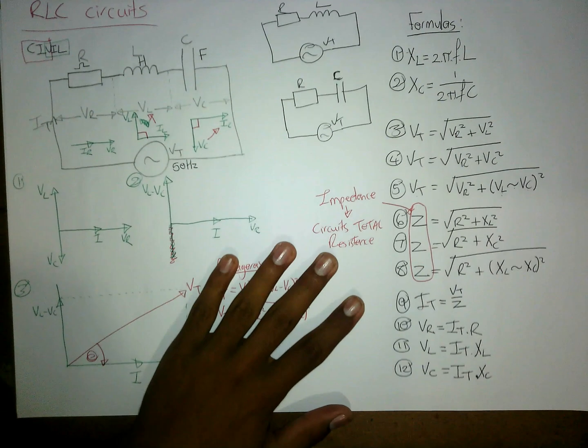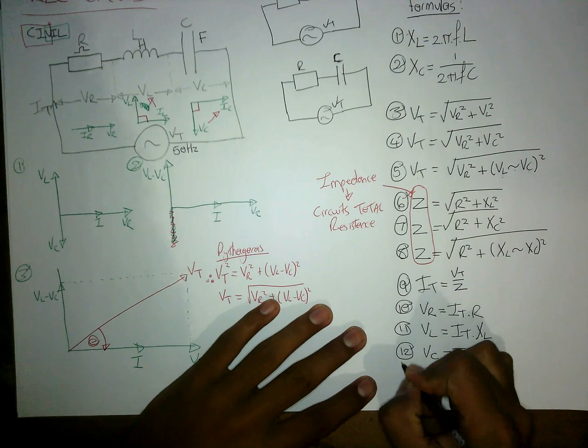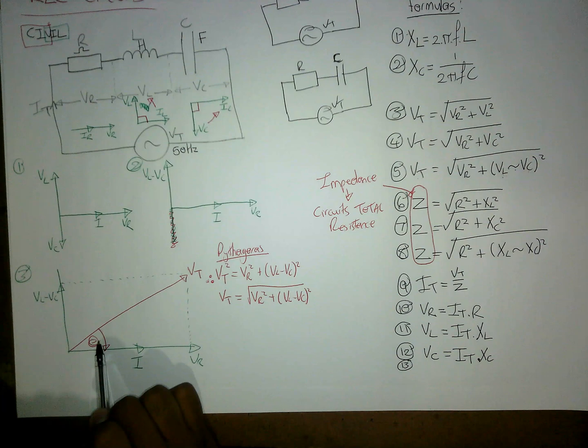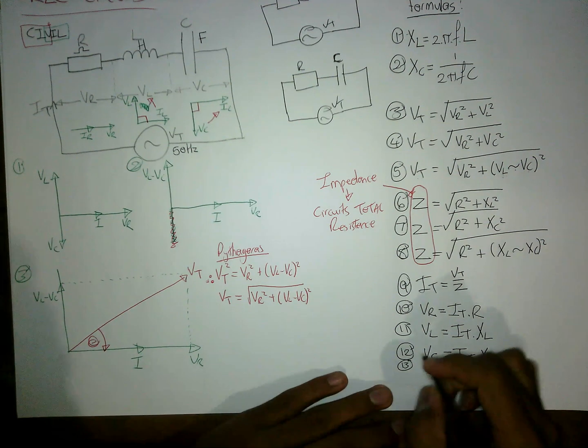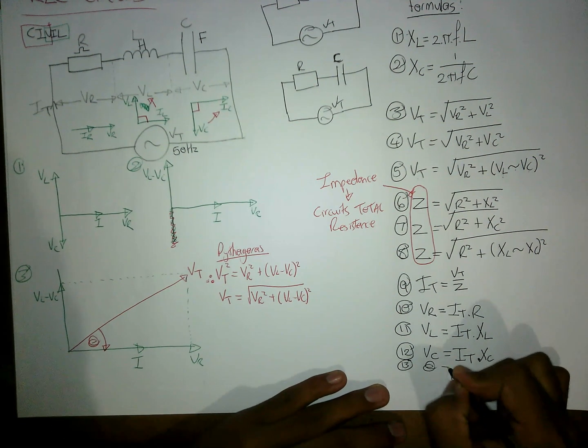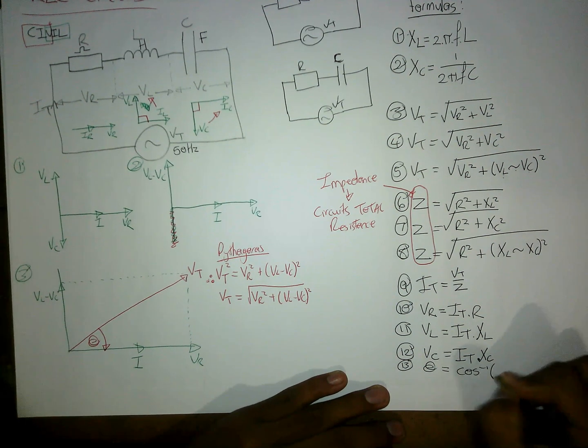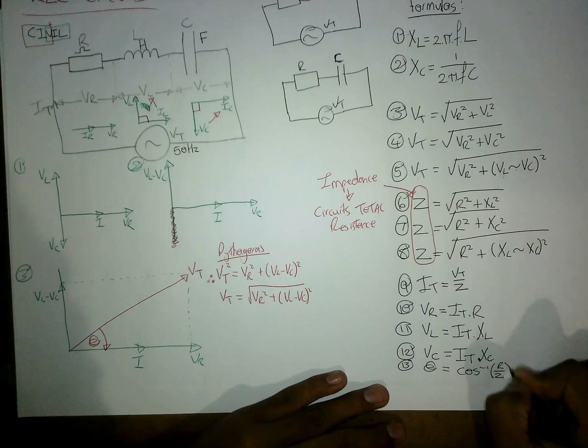Then number 13 is if they ask for the phase angle, which is this angle over here, all right? We get that by saying theta equals second function cos of R over Z.